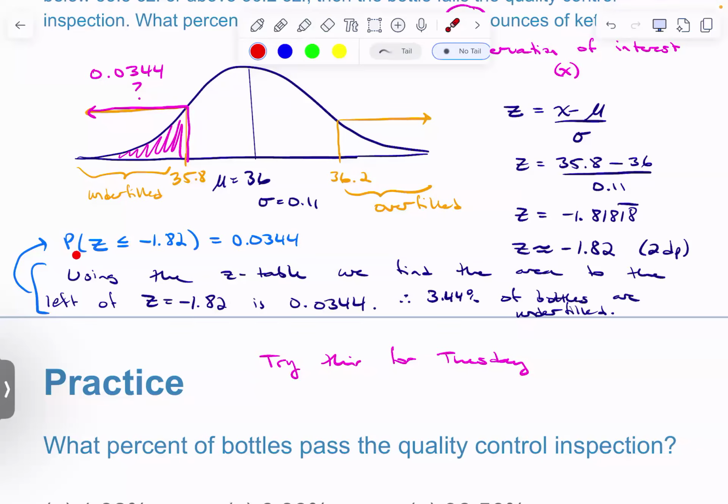The probability that Z is less than or equal to negative 1.82 is 0.0344. That's some pretty good shorthand, I think. Saves you a lot of writing, but it's not very easy. So your choice, those are your only two options. Write it out in words, what you did, or with the shorthand. Okay.